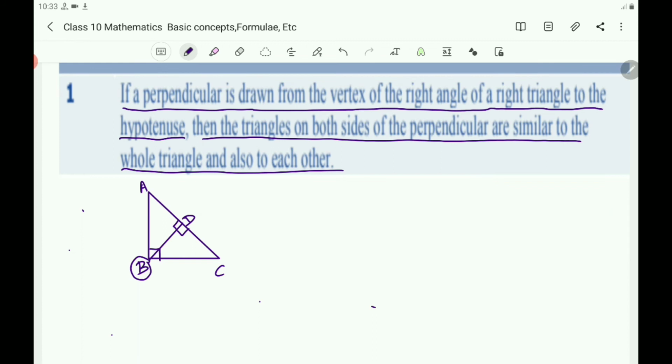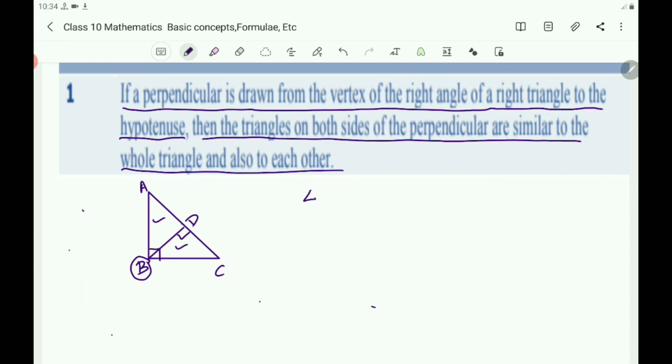So here what they say is the triangles on both sides of the perpendicular are similar and also similar to the whole triangle. The triangles on both sides of the perpendicular are triangle ABD and triangle CBD.